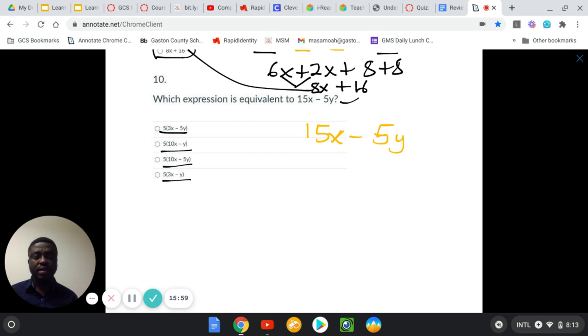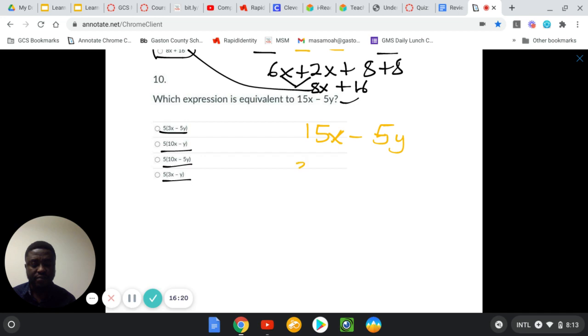Now, I'm going to ask myself, I'm going to find factors of 15 and factors of 5. Now, factors of 15, I want those factors to have a common number on both sides. And I can see that 5 will be common. So what number will I multiply by 5 to give me 15? And that is 3.